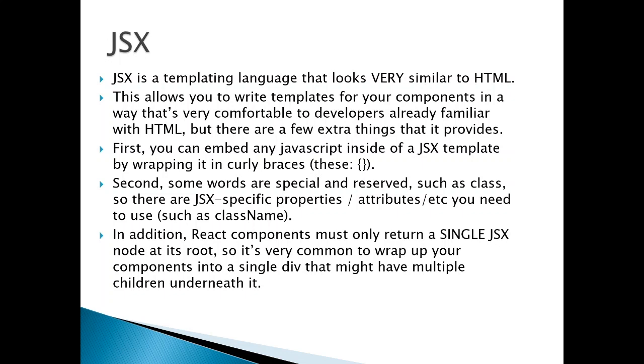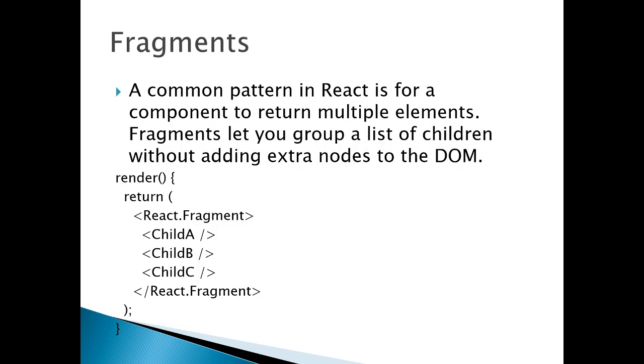To avoid an extra node like a div, because whenever you add a div into a component, it will add an extra node, React has provided another way, and that is called fragments. A common pattern in React is for a component to return multiple elements, and for that you need to use fragments. Fragments let you group a list of children without adding any extra node to the DOM.